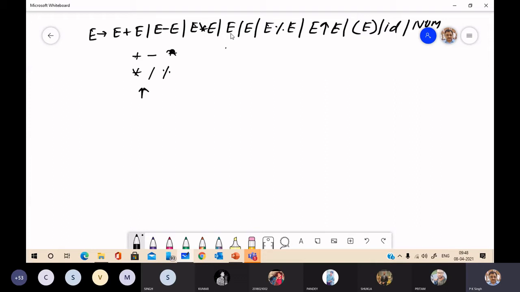So we have to introduce three different non-terminals to preserve the precedence. I will just explain: E goes to E plus T or E minus T, or T. Sorry, T.